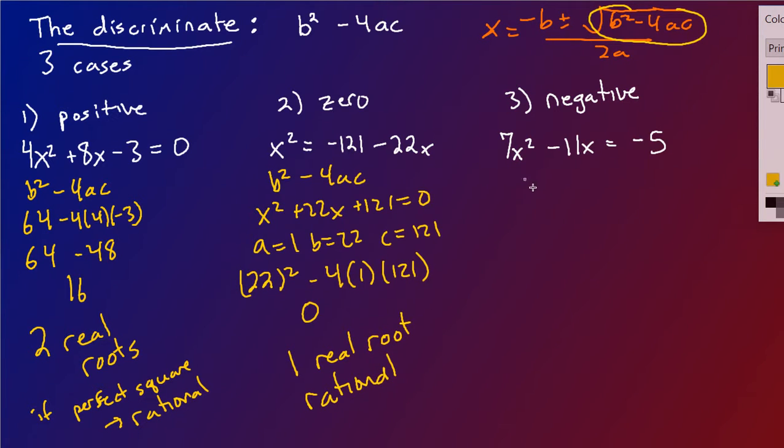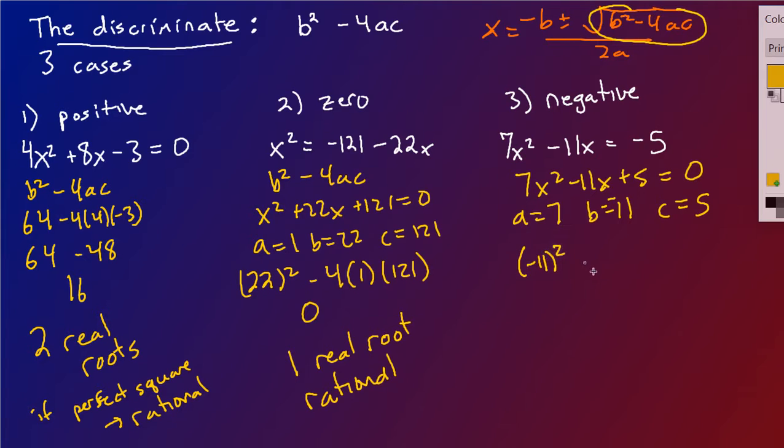Alright, the next case is negative, so I get everything to one side. So I'll add that 5. And a is 7, b is negative 11, and c is 5. So, using our discriminant, b squared minus 4 times a times c.